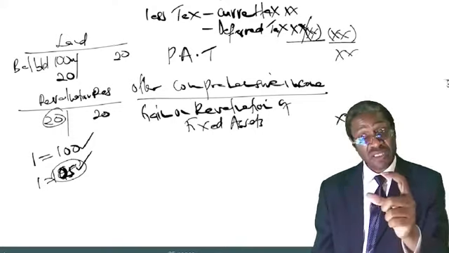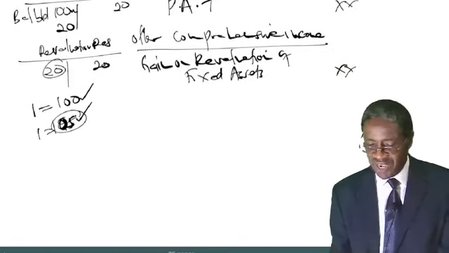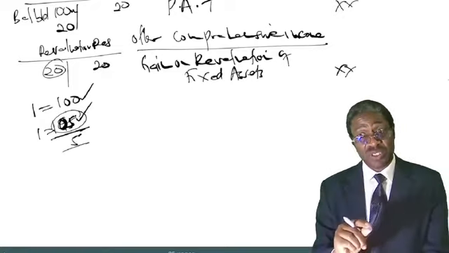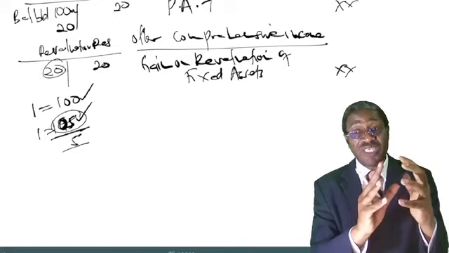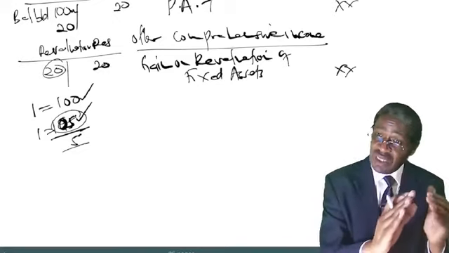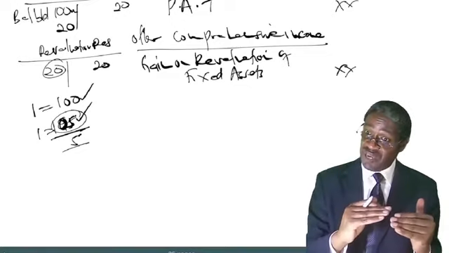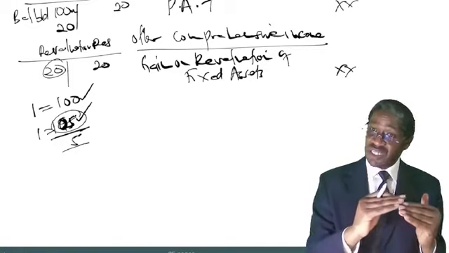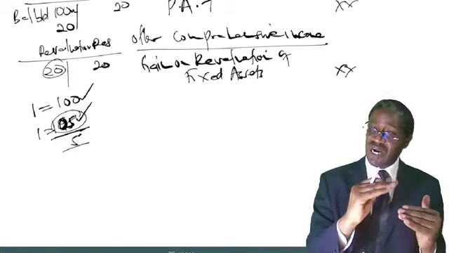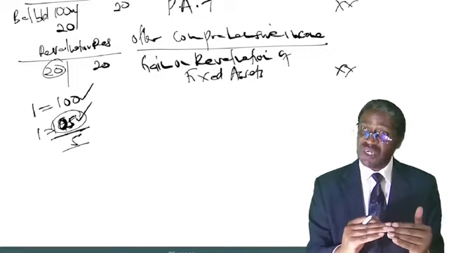We call that 5 shillings, whether it was a gain or loss, an exchange difference. Whether it was 100 and you are supposed to pay 95, there is an exchange difference of 5, which is a gain. In this case, you're supposed to pay 100, but now you are required to pay 105. So there is an exchange difference of 5, which is a loss.